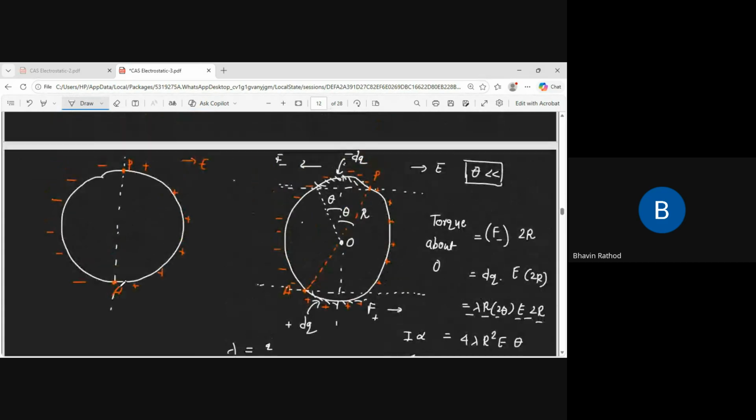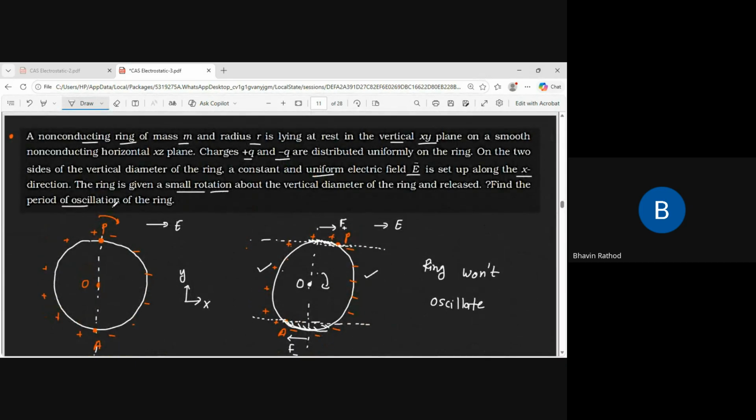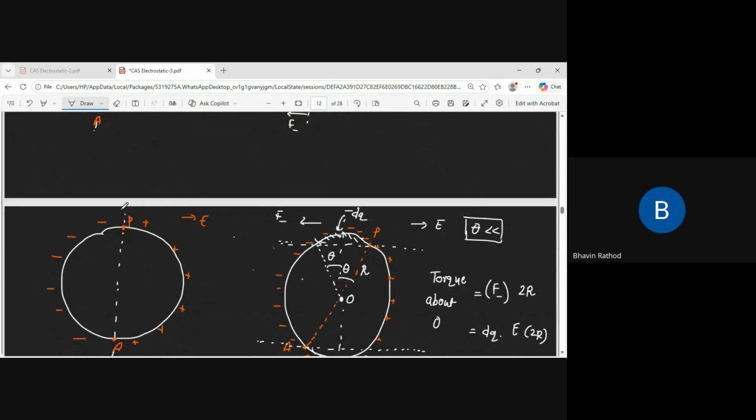Now let us see if there is something in the question that says about the small rotation about the vertical diameter. We are not told whether the rotation is the way we have taken it, or the way Vihan is saying. I think what Vihan is saying here is that the rotation is given like this, about the vertical axis like that.